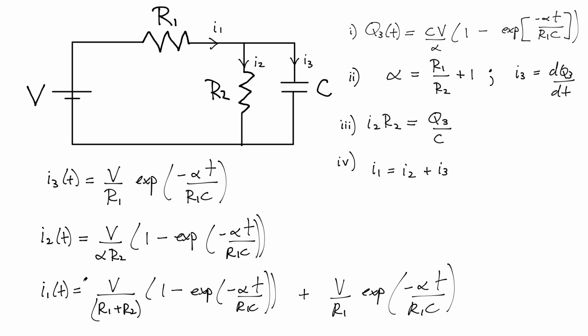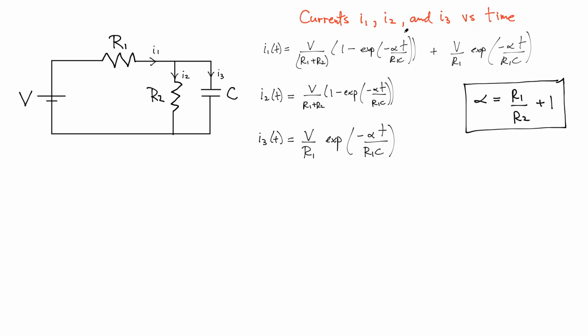Now let's look at these expressions in a little bit more detail and see if the physics matches up with our expectations. Here are the three expressions for the currents as a function of time, with my expression alpha appearing in the exponential functions. I've eliminated the alpha in the term multiplying these exponential functions, just to have it in terms of the voltage and the resistances.